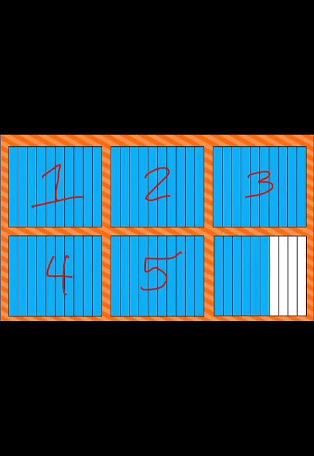Each flat is broken up into 1, 2, 3, 4, 5, 6, 7, 8, 9, 10 rods. So this one has 10 out of 10, 10 out of 10, 10 out of 10, 10 out of 10, 10 out of 10. So we have 5 wholes. This flat only has 1, 2, 3, 4, 5, 6 out of 10 shaded. This would be the same as 6/10.